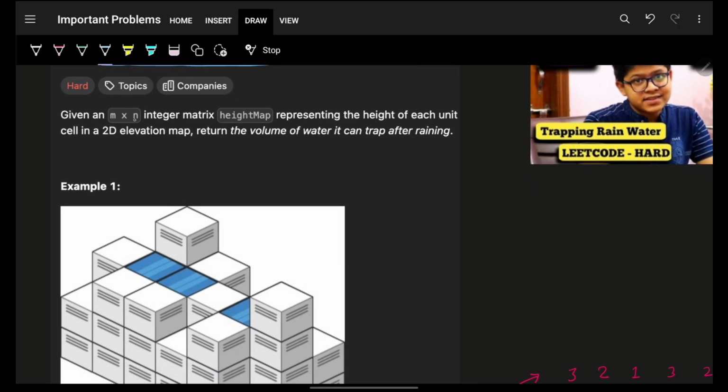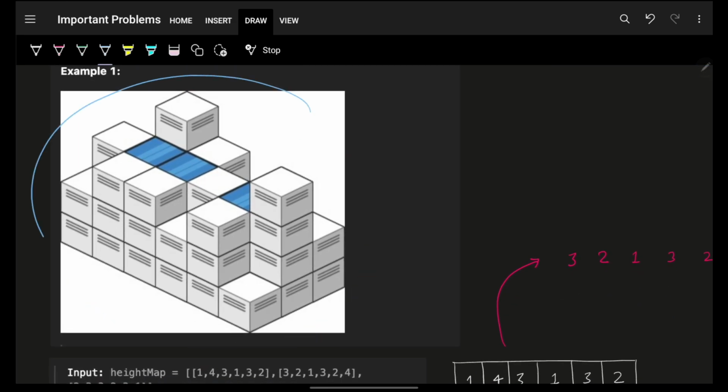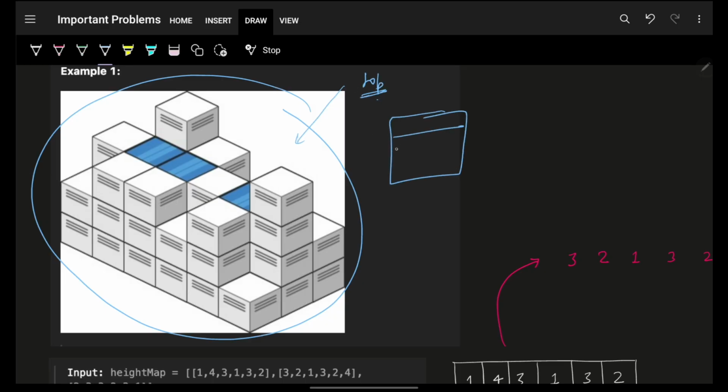You are given an m cross n integer matrix height map representing the height of each unit cell in a 2D elevation map. Imagine that you are given a 3D diagram. If you look at this 3D diagram from the very top view, you will see a grid, or a matrix, that represents the corresponding height of each cell.